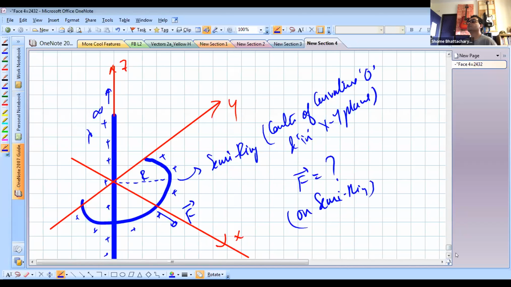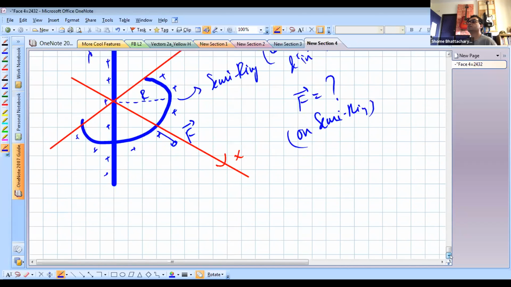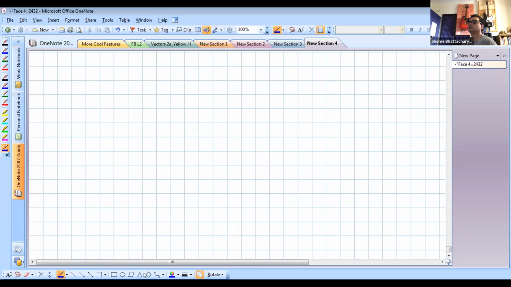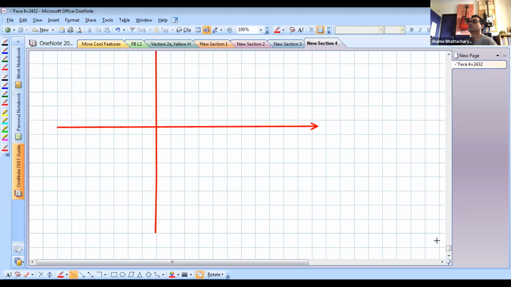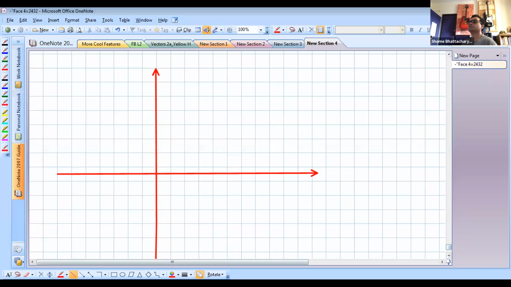Next, to simplify the problem, we look down on the XY plane. Life becomes very simple once we do that. The y-axis was the diameter of the semi-ring.